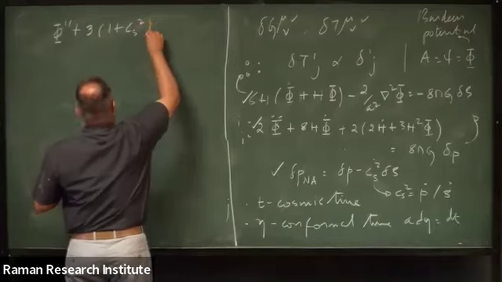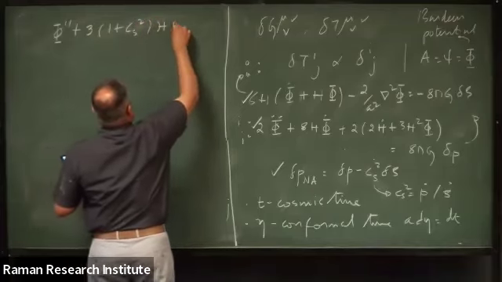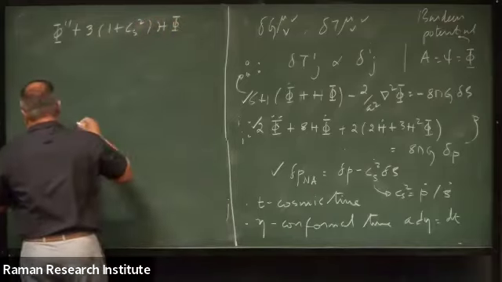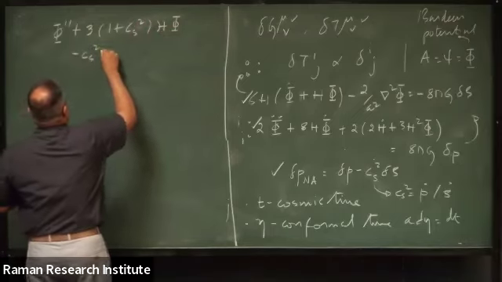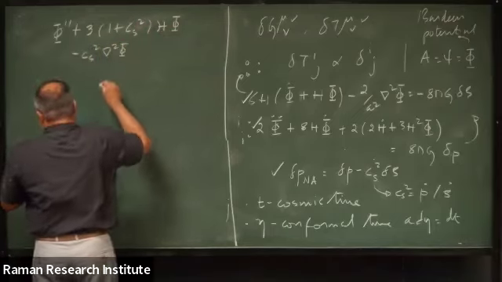C_S squared script H, I will define what script H is, minus C_S squared nabla squared phi.